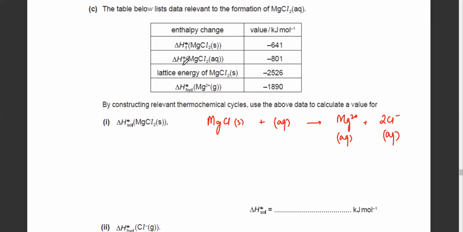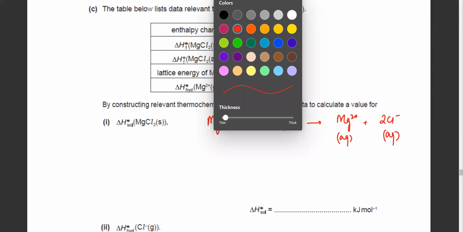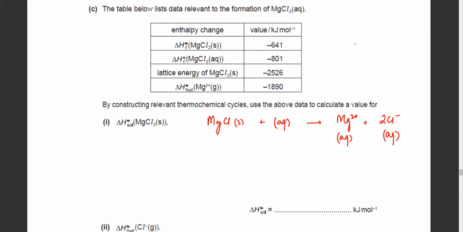Now, what is given in this case is the enthalpy of formation of MgCl2 solid, and you're also given the enthalpy of formation of MgCl2 aqueous.